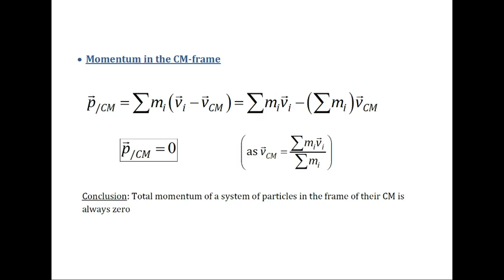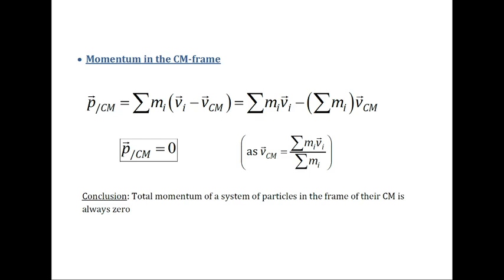So if we open this bracket, we find these two terms, and these two terms turn out to be exactly equal because of the definition of VCM. VCM is defined as the total momentum of the system in a laboratory frame, and VCM of course is also measured in that laboratory frame.